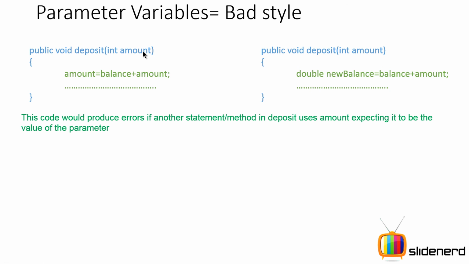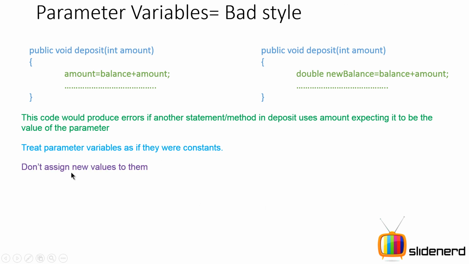That is a bad practice, because the line right below may be depending on the original value of int amount, and you don't want that line to break just because you modified something here. So always keep in mind that when you have parameter variables, try to create new variables that modify those values in some way rather than modifying the original variables. Treat parameter variables as if they are constants and don't assign new values to them.